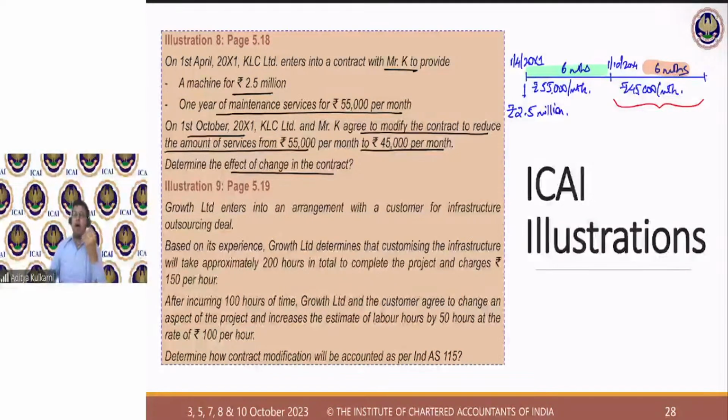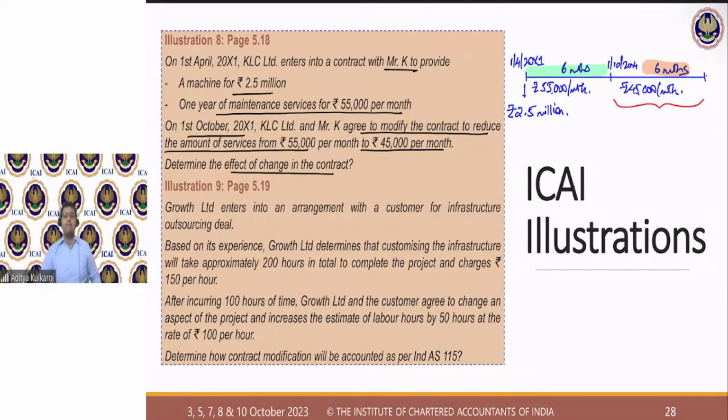So therefore, are these services distinct in the context of the contract? Answer is yes. And if these are distinct in the context of the contract, that means what? That means we will have to regard them as distinct and account for it based on the standalone selling prices. Do I have the standalone selling prices?